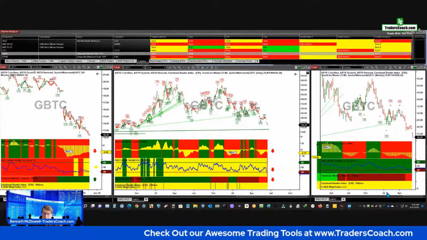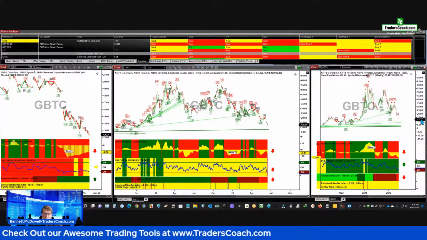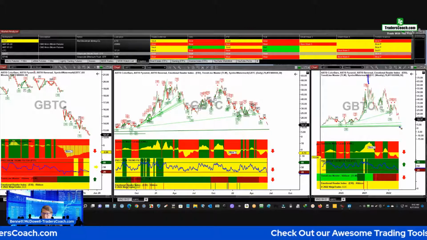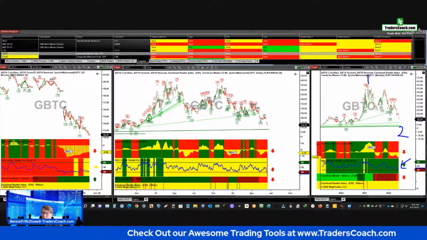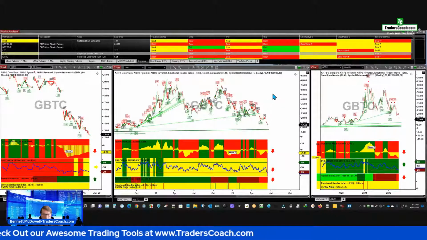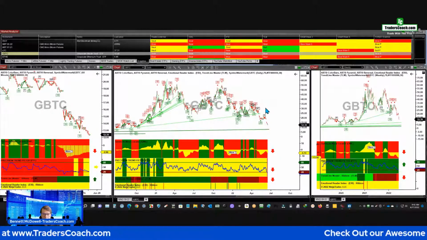So far, what this chart is telling us is it's blown past the wave 4. We're already now pulling back. So either this is a 1 and this is going to be a 2. But if this turns red, then who knows where this thing is going to go to the downside. But you don't want to buy into it at all right now. I think it's probably too late to short it. I'd leave it alone. Don't touch it.